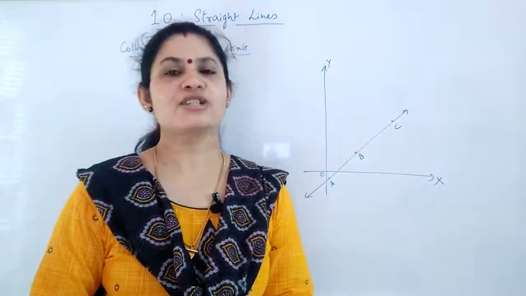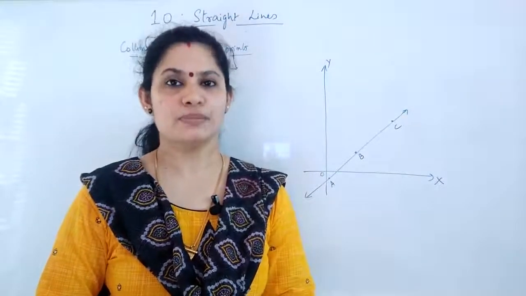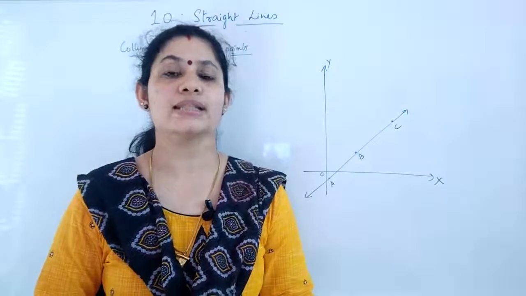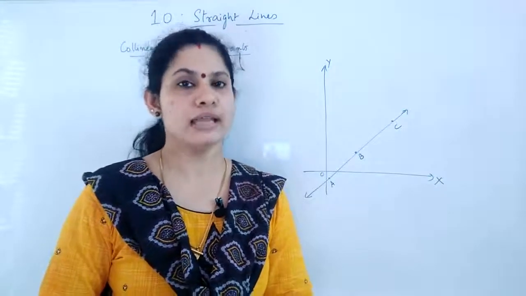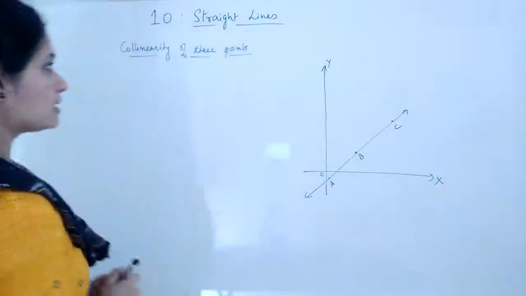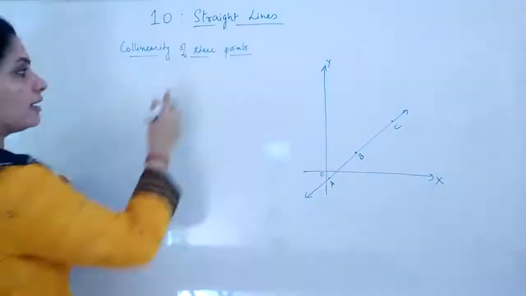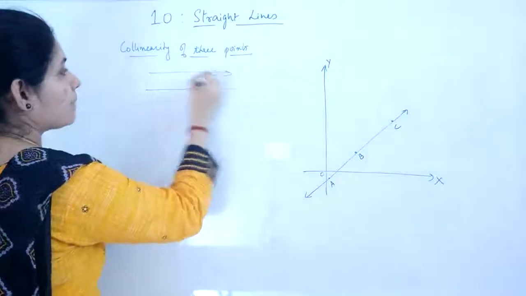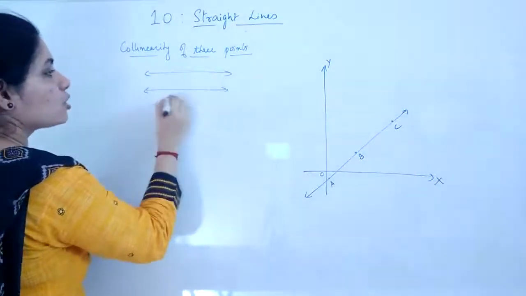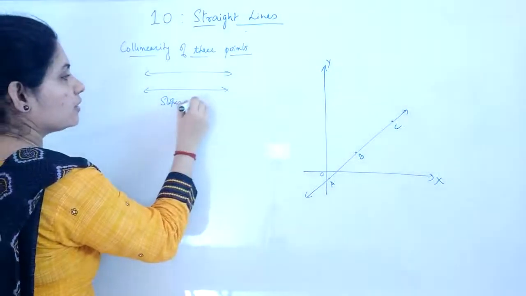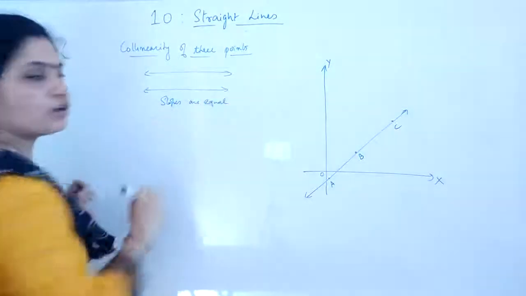Next topic is collinearity of 3 points. That means when you say that 3 points lie on a line. So we know that if two lines are parallel, then their slopes will be equal. Slopes are equal for parallel lines.